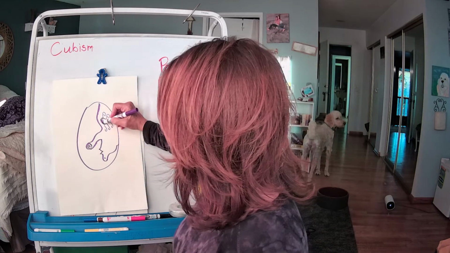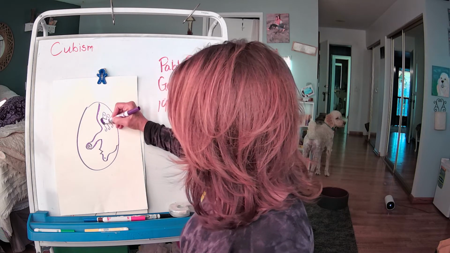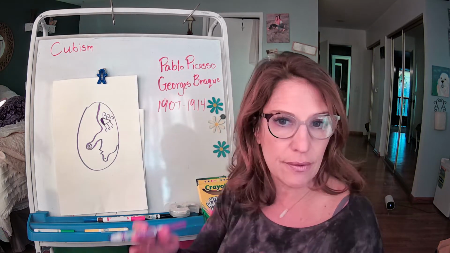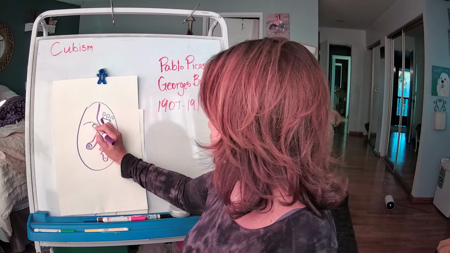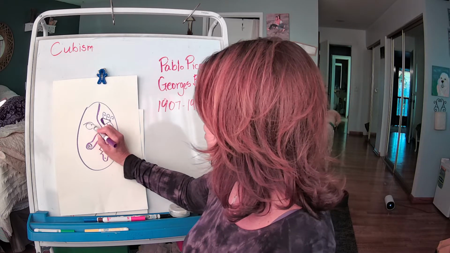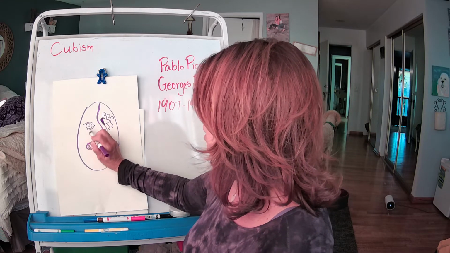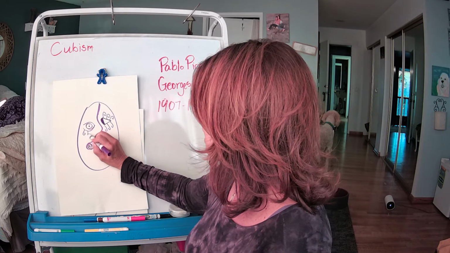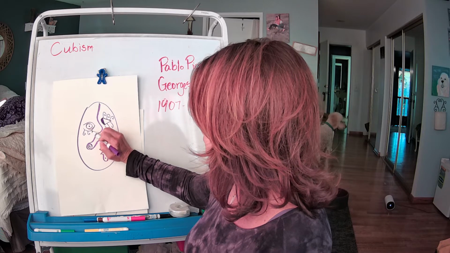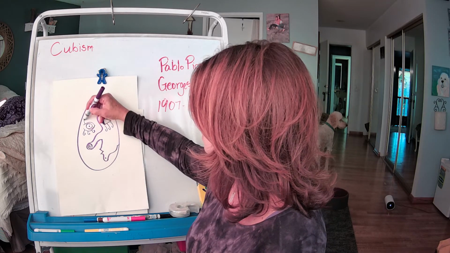Okay. I'm going to go ahead and color that in. Now the other side is the face that's looking straight at us. So I'm going to do an eyeball that looks like this. And again, I like those kind of eyelashes.